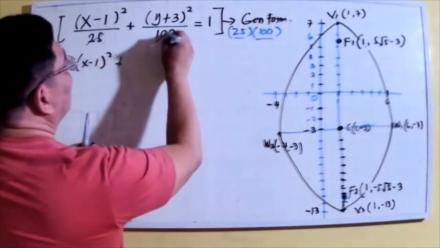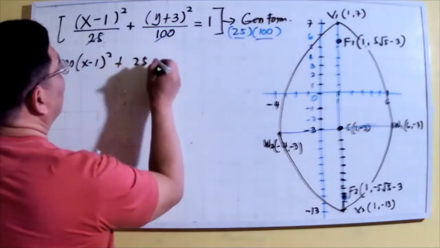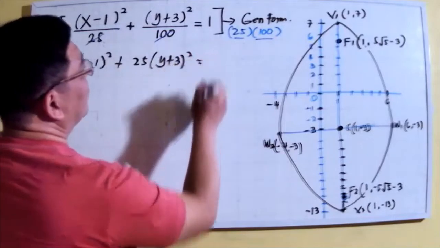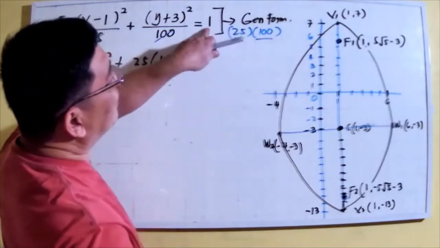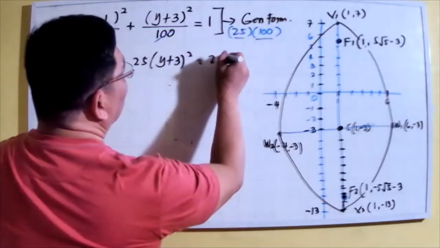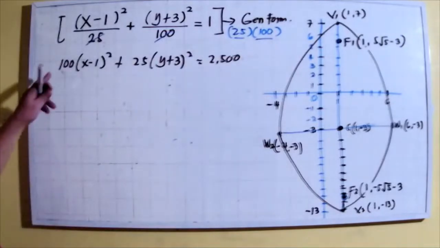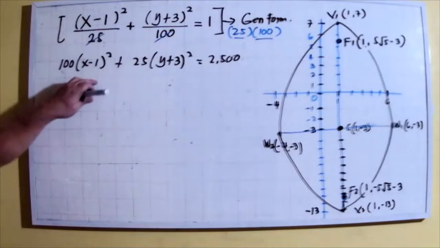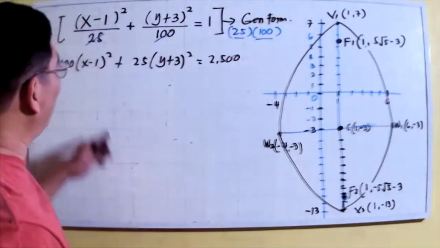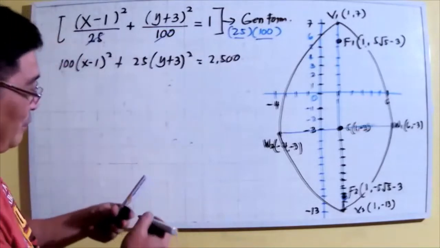Matitira is yung 25. So you have 25 (y plus 3) squared is equal to, and then 25 times 100 times 1, you have 2,500. Pwede rin natin itong i-distribute, pero bago natin i-distribute, kailangan tanggalin muna natin yung square. So mag-FOIL method tayo rito para mahanap yung general form.